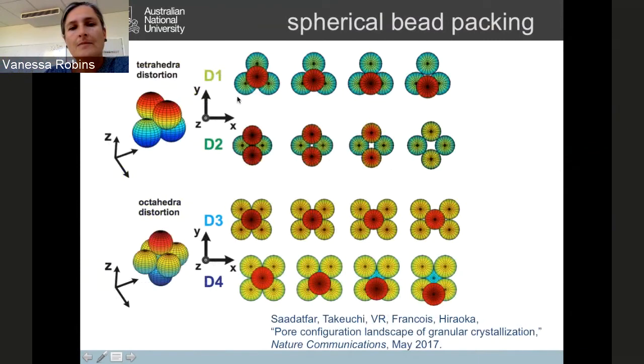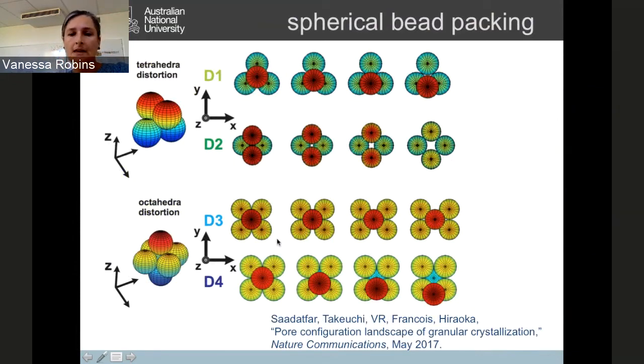So we identified 4 different deformation pathways. One of them is starting at a regular tetrahedron and just rolling one bead across the top there. And the other one is a kind of symmetric deformation of a tetrahedron where the top and the bottom pair of vertices slowly move apart and collapse down into a square. So this is a symmetric deformation from a regular tetrahedron down to a square planar configuration.